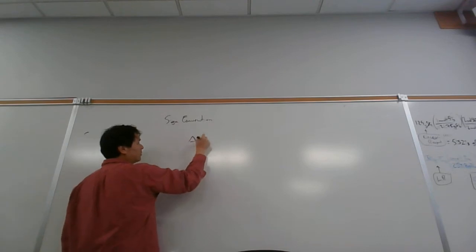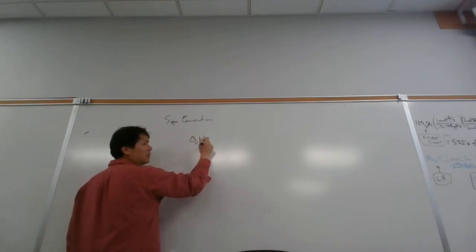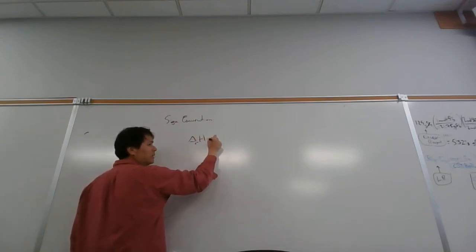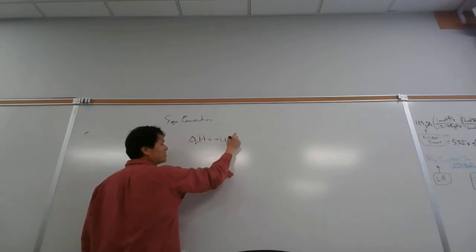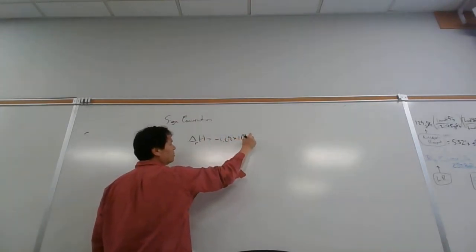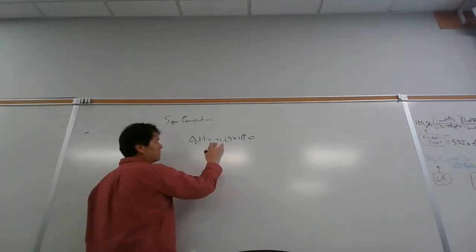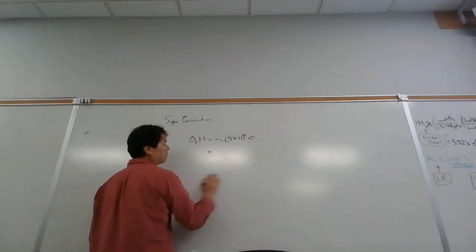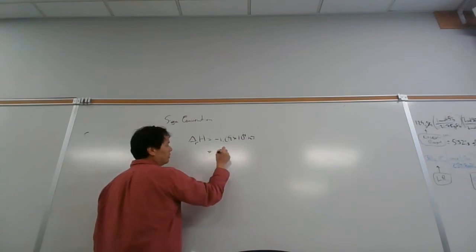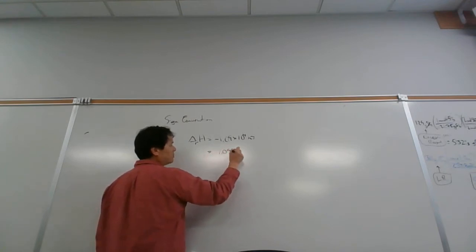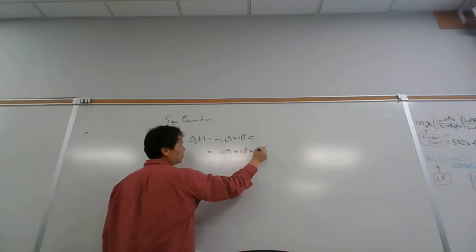This is an exothermic reaction, so delta H sub R is equal to minus 1.09 times 10 to the 4th kilojoules. And so there's 2 ways that we could write this. One is we could leave the negative sign in there. Or 2, we can get rid of the negative sign and just say 1.09 times 10 to the 4th kilojoules released.